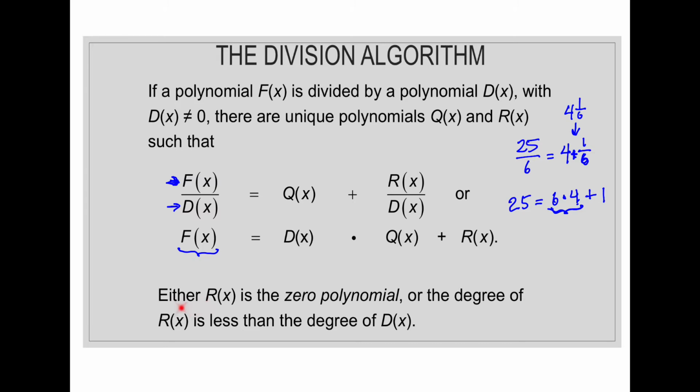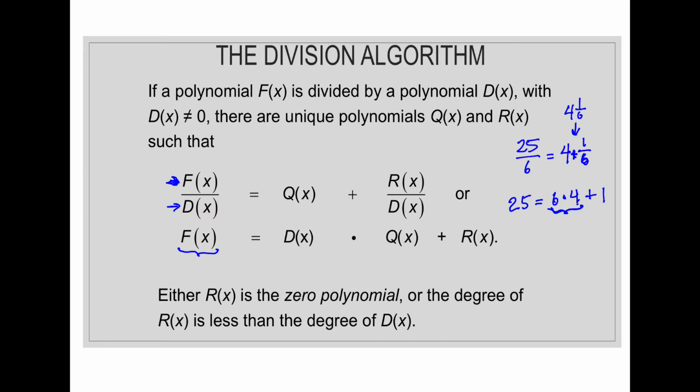The last part here says either r of x is the zero polynomial, meaning just the number 0, or the degree of r of x is going to be less than the degree of d of x here. So this has to be a proper fraction. In other words, we can't have this being a second degree over a first degree, because then this would be able to go into it one more time.